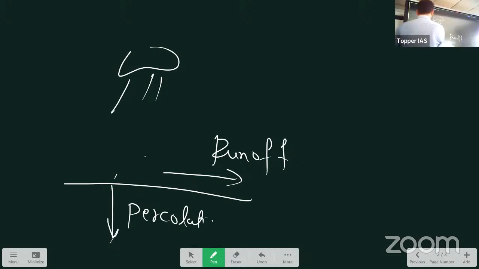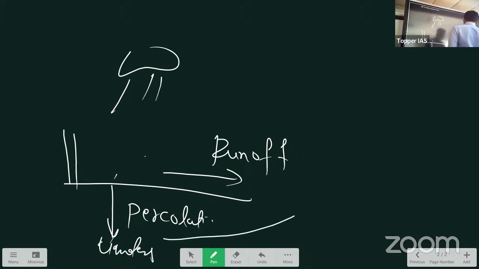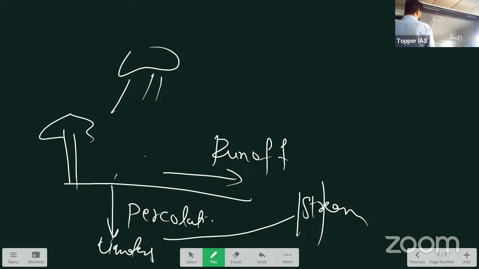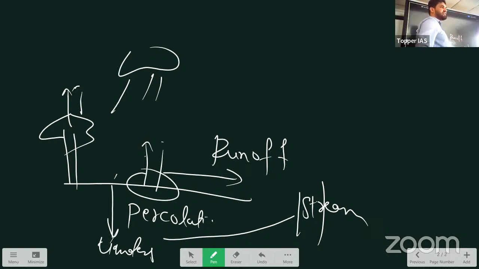Next, underground water. This underground water can become part of a stream or a river. Stream will turn into ocean. Then there are trees and water bodies. Then evaporation and transpiration. All of you know this process, right?